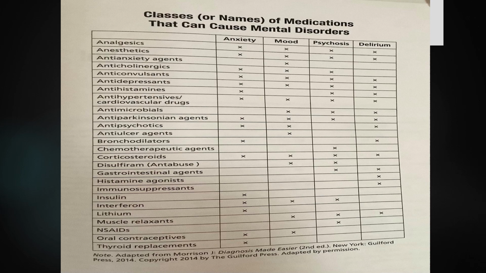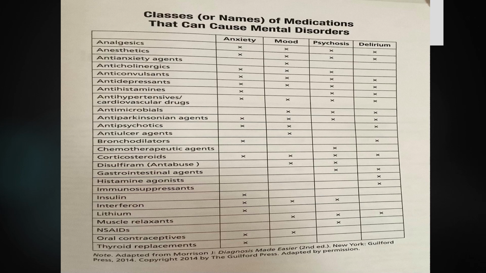Gastrointestinal agents used to treat upset stomach, like most of the over-the-counter aids to help with heartburn, and histamine agents, histamine agonists that prevent inflammation, immunosuppressants, like drugs to treat certain types of cancer.